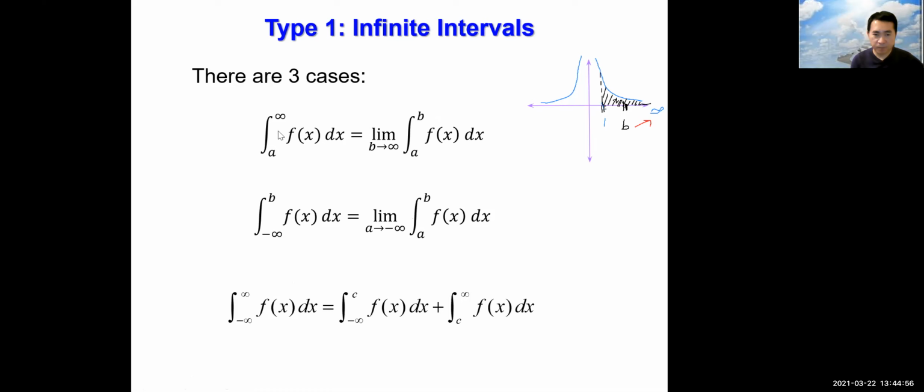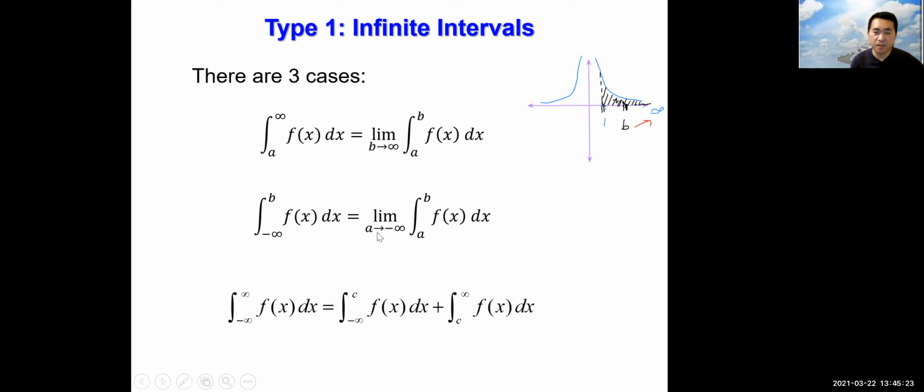So here are the 3 cases. Case 1 is when you have infinity, like we did. We could do it by replacing that with an arbitrary number b. Then we take the limit as b approaches infinity. If we have negative infinity on the lower limit, then we replace this with an arbitrary constant a.